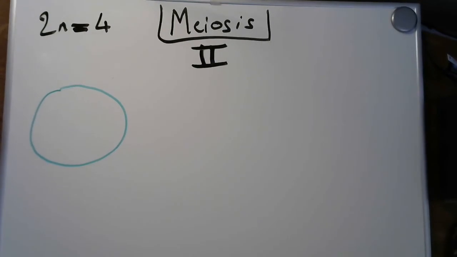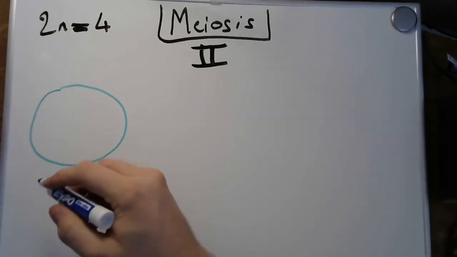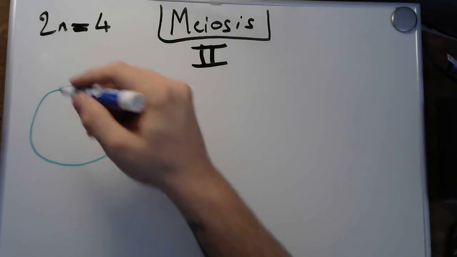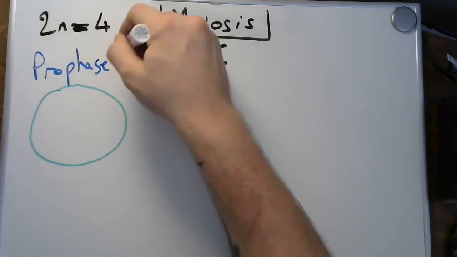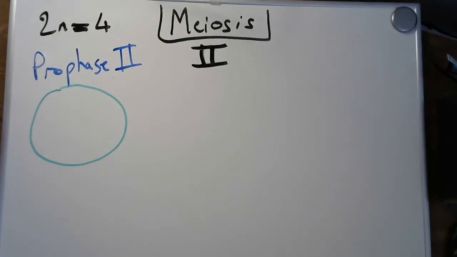And so the first step of meiosis 2 is prophase 2. In prophase 2, exactly the same thing as prophase 1 or mitosis prophase.